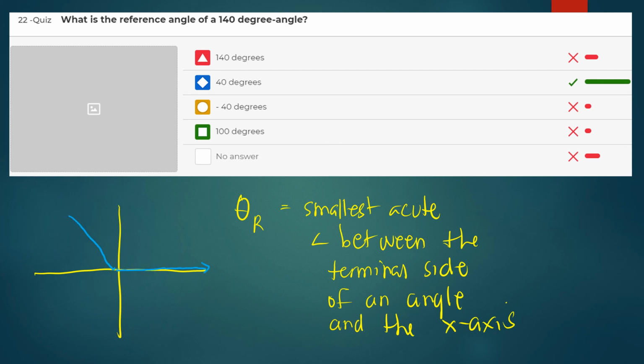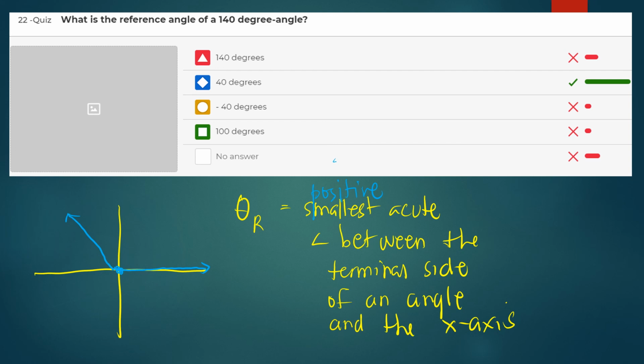So, makikita nyo, the terminal side of our angle falls on the second quadrant. Okay. So, by definition, smallest acute angle, or rather, we say here the positive acute angle between the terminal side of an angle and then the x-axis.